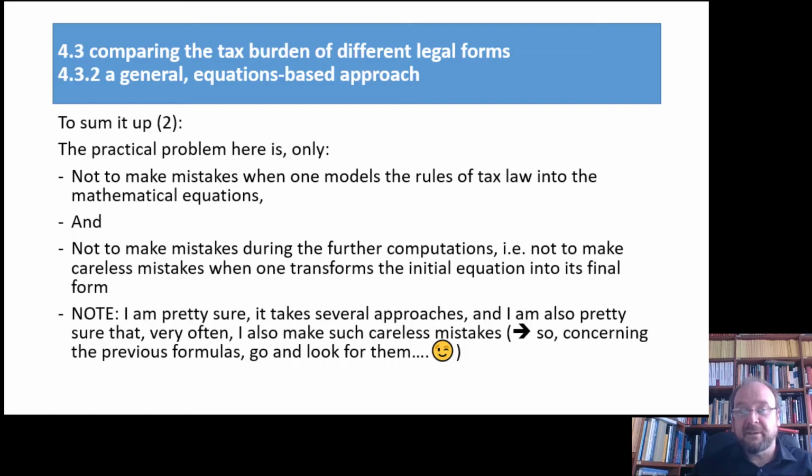So might be that also the thing which I showed you during this video has the one or other mistake resulting from carelessness, where I overlooked something or where one could at least discuss about. So concerning the previous formulas, it might be a good idea to have a look, go and inspect them if there can be a mistake, if everything has been taken into account, if things have been left out, why they have been left out, and so on.